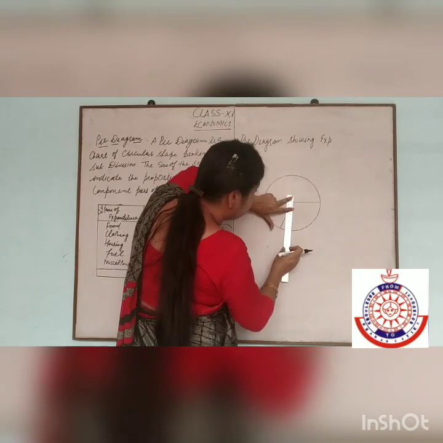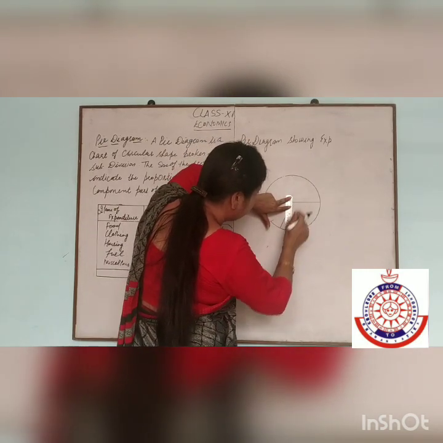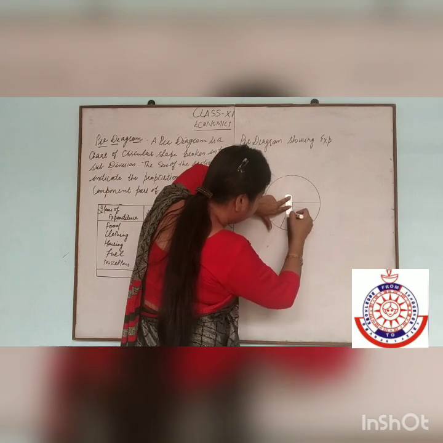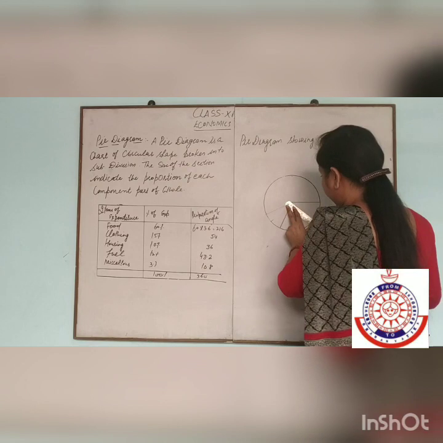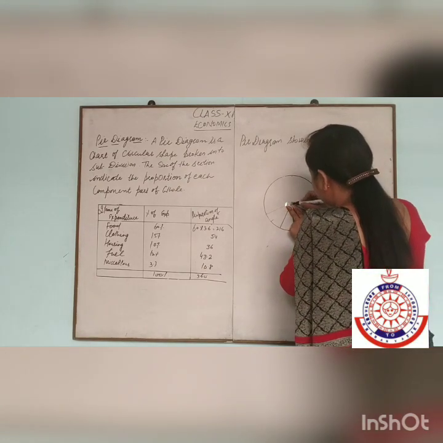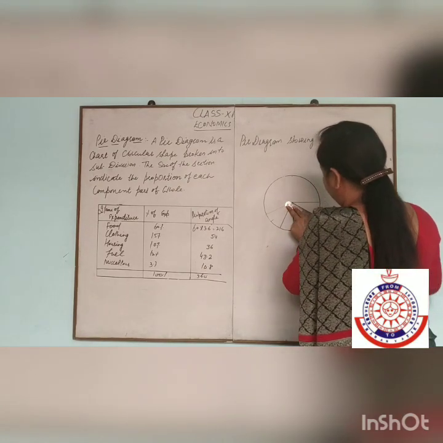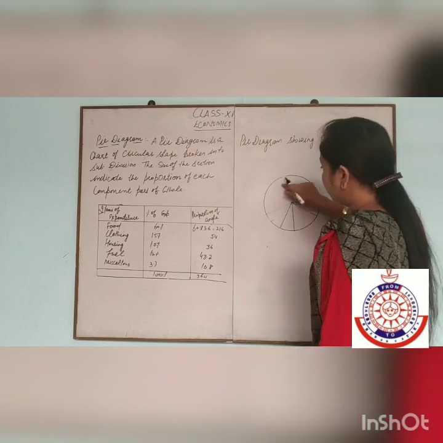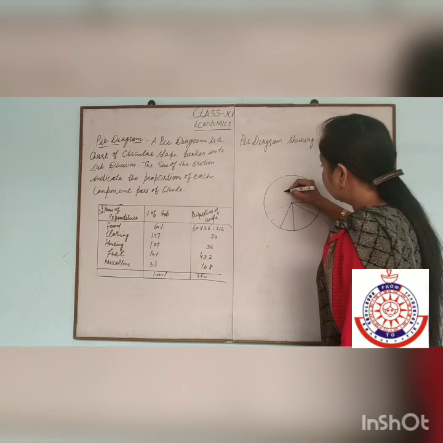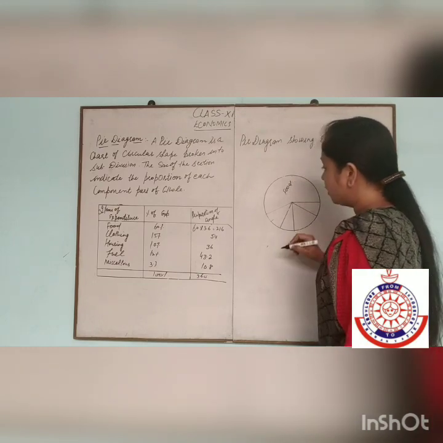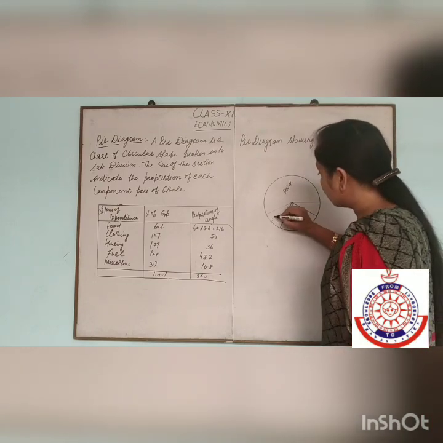Then convert the 36 degree angle. Then 43, and last is 10.8. This is our 216 degrees, that is 60% for food. This shows the food items, and 54 shows the clothing items.